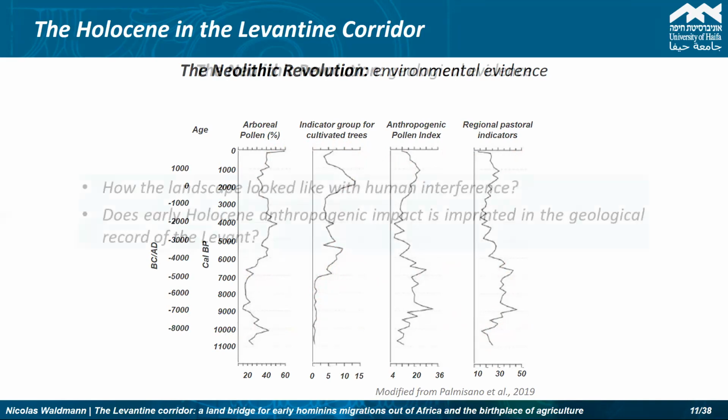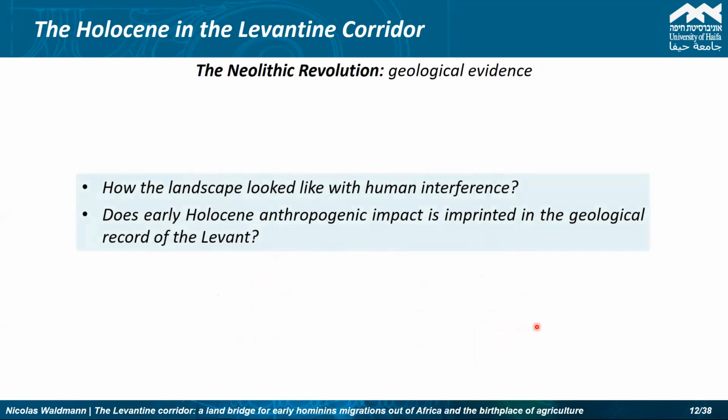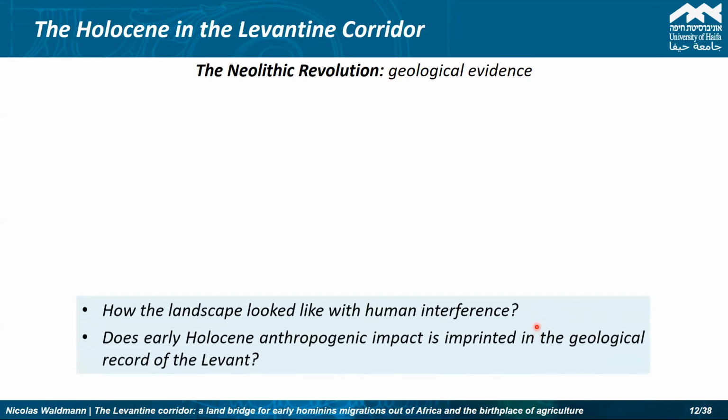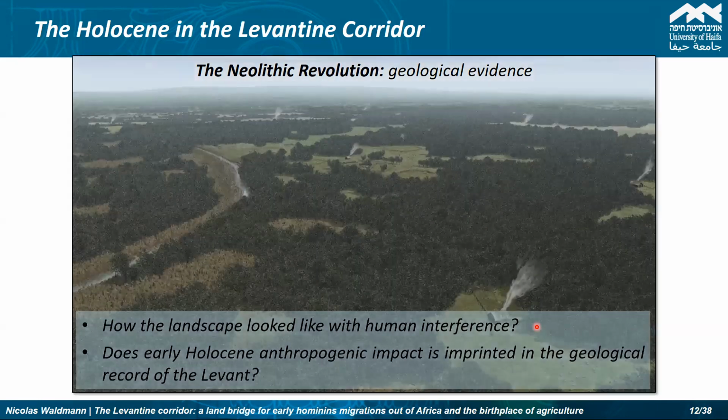But there is still a little bit of lack of information on how the landscape looked with the human interference. And thus the early Holocene anthropogenic impact had left some kind of an imprint, which we can find in the geological record of the Levantine Corridor. In other words, are we talking about an environment which looks like that, okay?